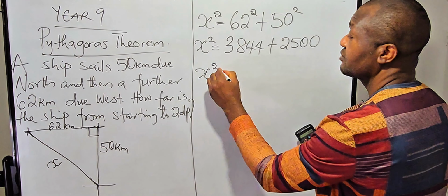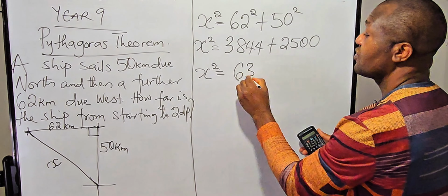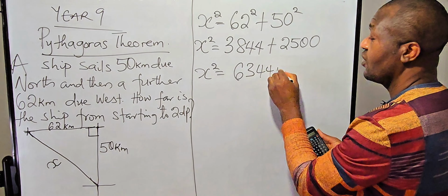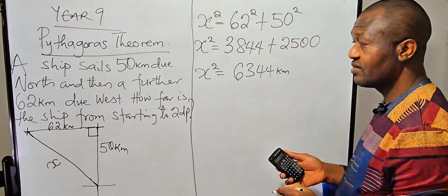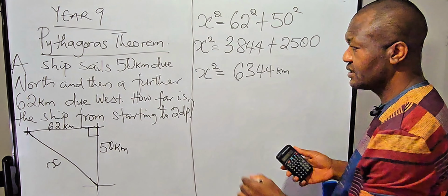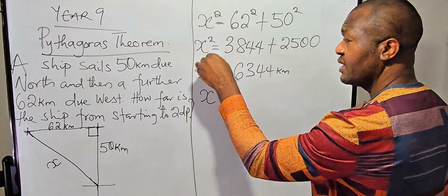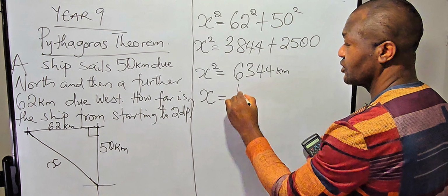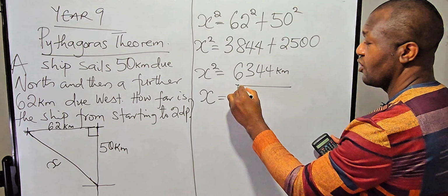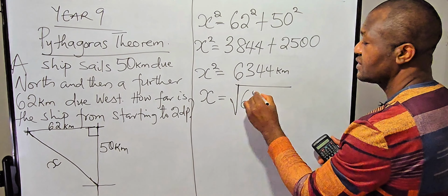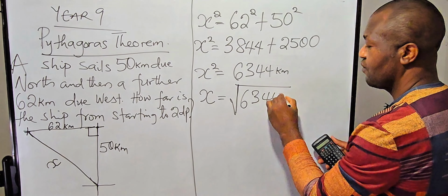X squared is equal to 6344. And then you need to find out x. What do you do? You take the square root, and then that square goes off. So you take the square root of 6344.